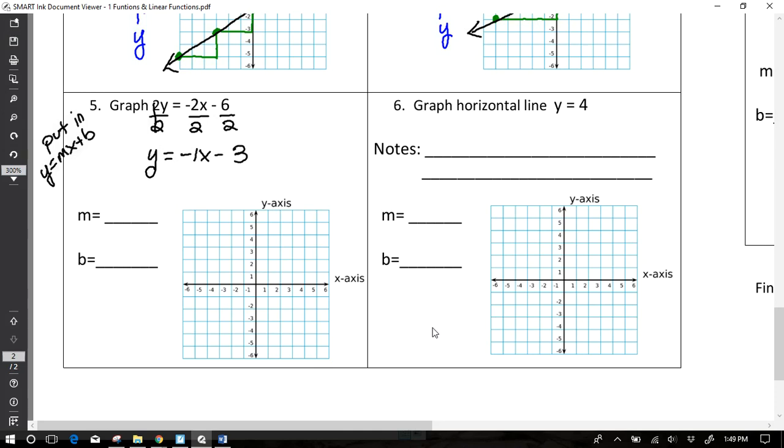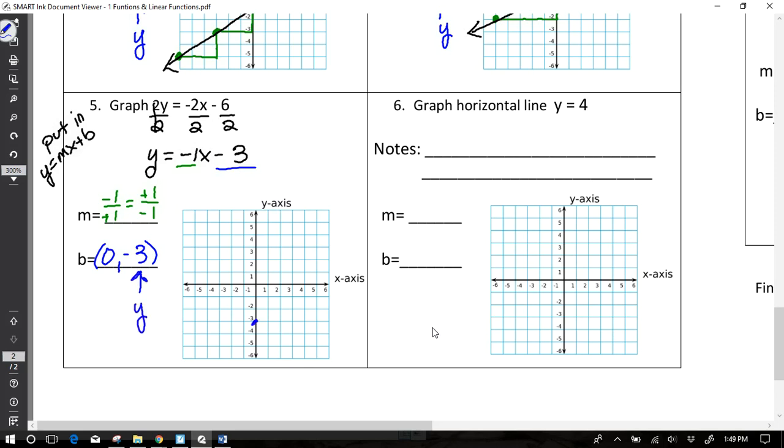And now that I've done that, I am now in slope-intercept form, and I can see that my slope is -1 over +1. And we could also change the signs, right? +1 over -1. Be sure to change both signs. And then I can see that my y-intercept is 0, -3. This is still a y value.